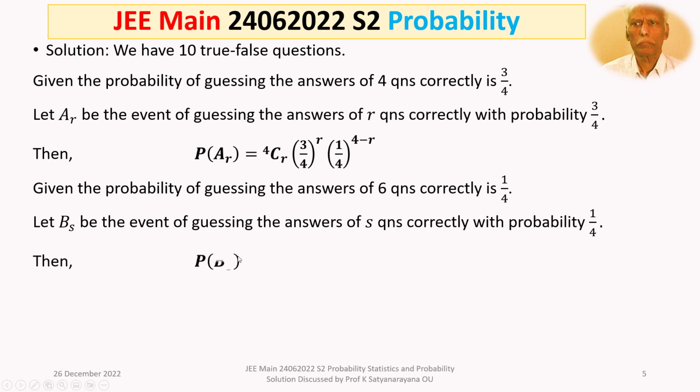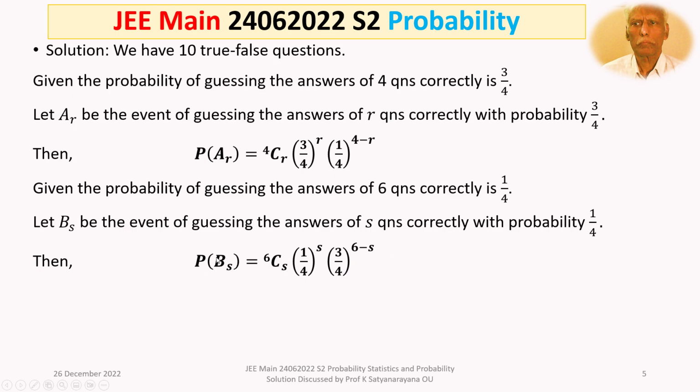Then the probability of B_s is 6Cs (1/4)^s for correct, and for wrong, (1 minus 1/4)^(6 minus s), that is (3/4)^(6 minus s).